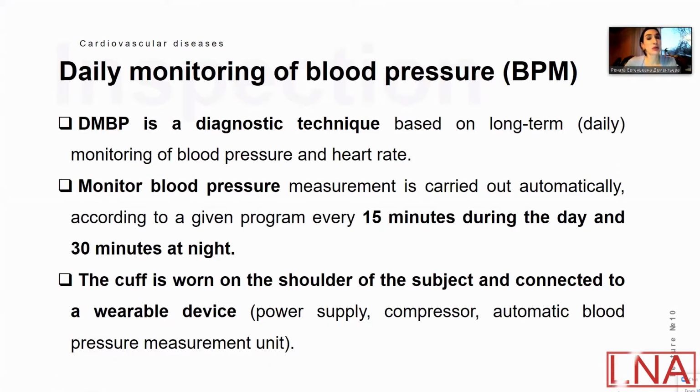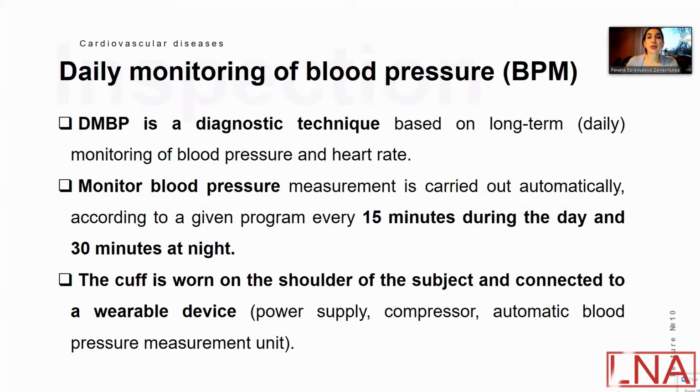Next, also a very important method for the diagnosis of cardiovascular diseases: daily monitoring of blood pressure, or BP monitoring. It's the same method. Daily blood pressure monitoring is a diagnostic technique based on long-term, 24-hour monitoring of blood pressure and heart rate.